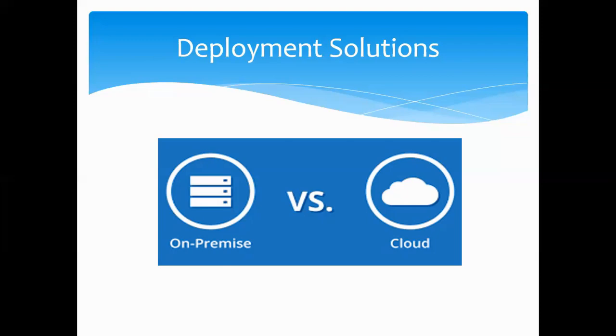You have complete control over it. However, the moment you say cloud, you don't know anything about the server or the application. Everything is on the internet. You have no connection at all. The only thing you have is the internet with a browser to connect with them. So that's a major difference between on-premises and cloud.